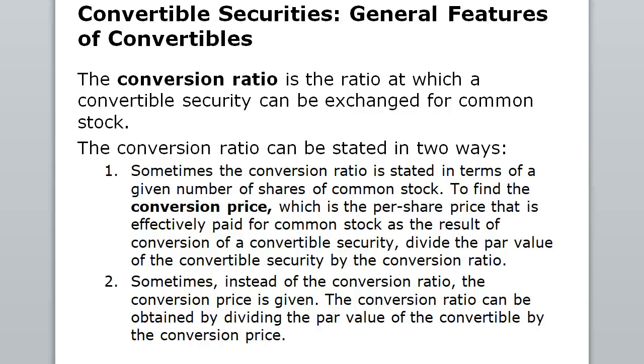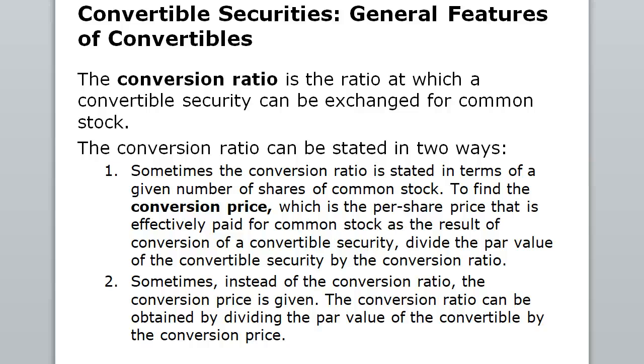Sometimes you can convert in terms of number of shares of common stock. To find the conversion price, which is the per share price effectively paid for each common stock as a result of the conversion of the convertible security, divide the par value of the convertible security by the conversion ratio.